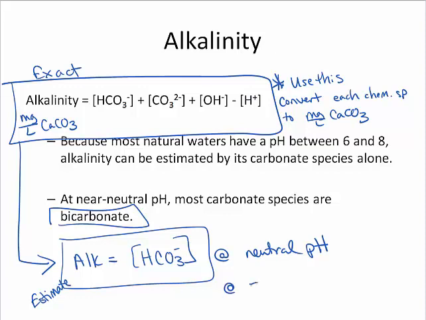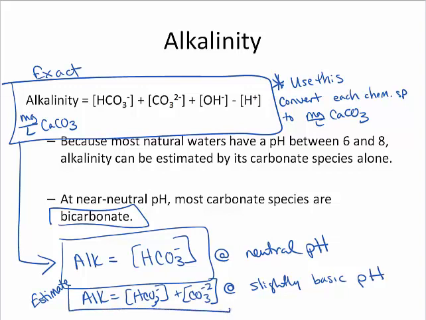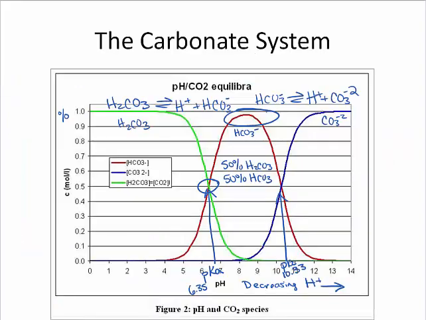At slightly elevated or slightly basic pH, you may simplify this as alkalinity equals HCO3 plus carbonate. Again, these assumptions come from the diagram of the shifting chemical composition. At the slightly basic pH, you see 8 to 10 that the two forms of carbon species are bicarbonate and carbonate. Those are the two significant contributors.